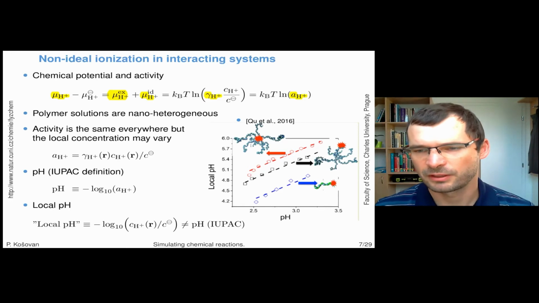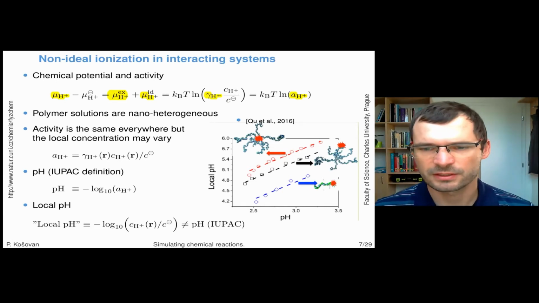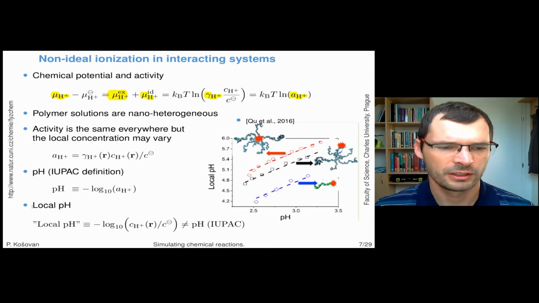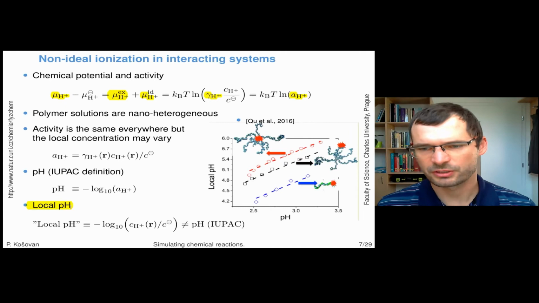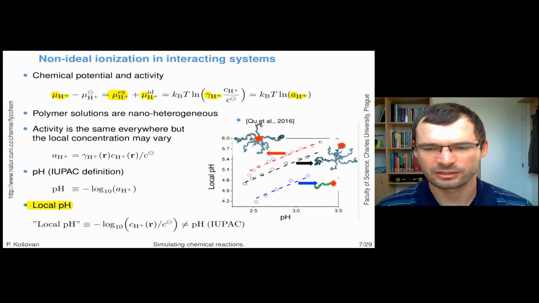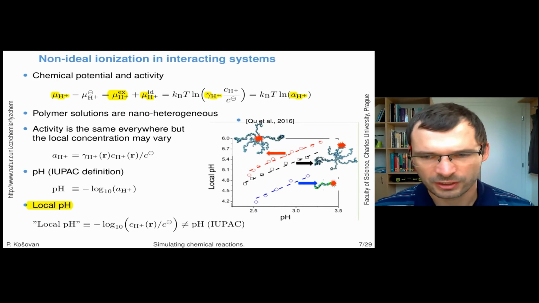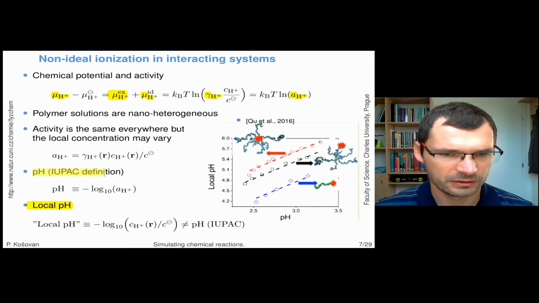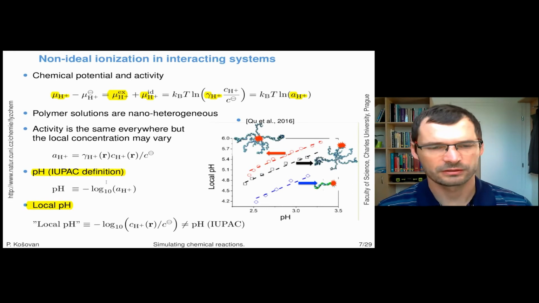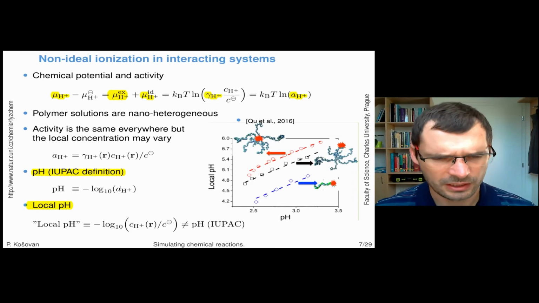People have used fluorescence indicators attached to various positions in the polymer chain, measured its fluorescence properties and determined a quantity which they called the local pH, and observed that this local pH was different from the pH that they could measure by glass electrode, which is the pH consistent with the definition of pH provided by the International Union of Pure and Applied Chemistry, being equal to the activity of H+ ions.